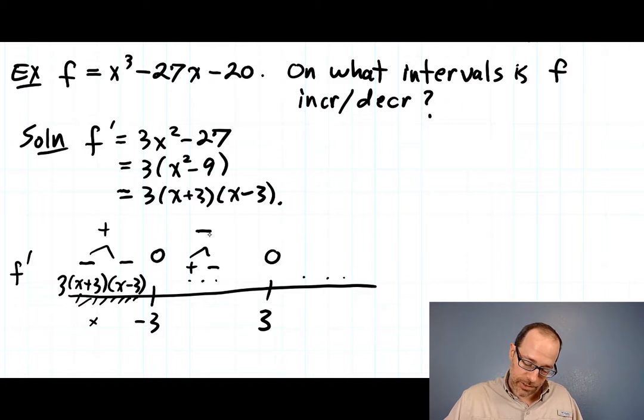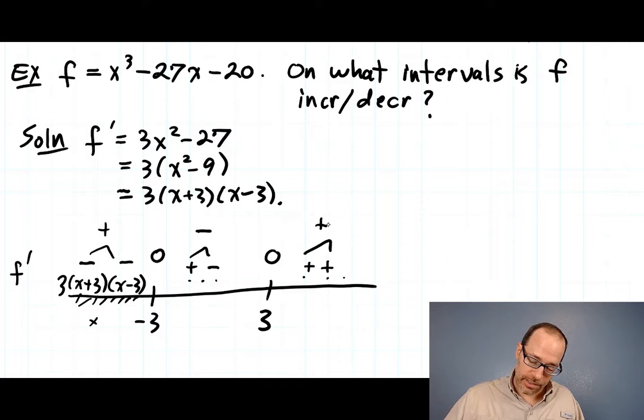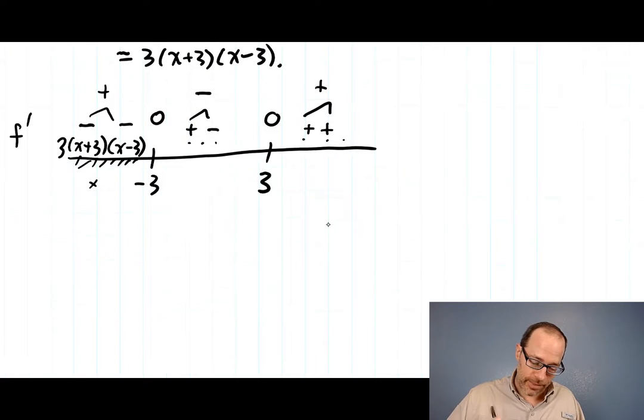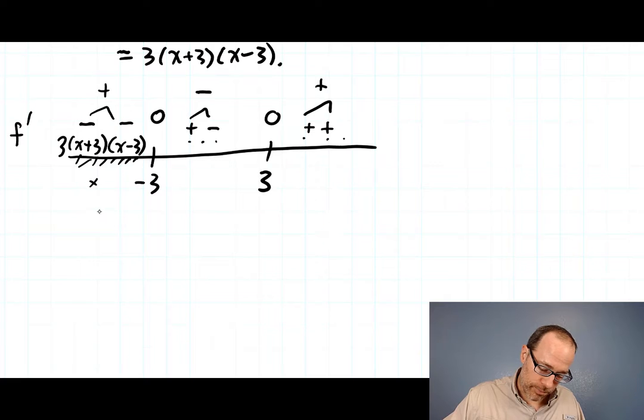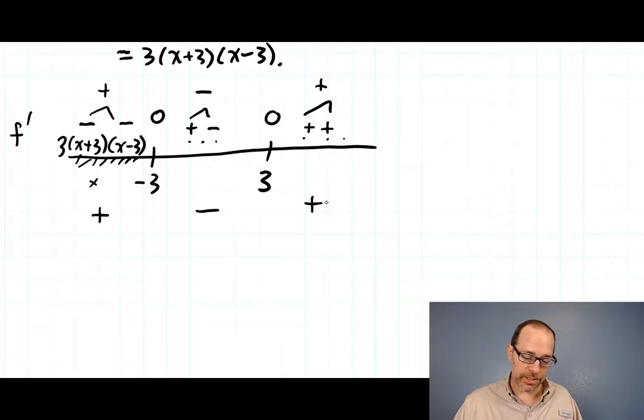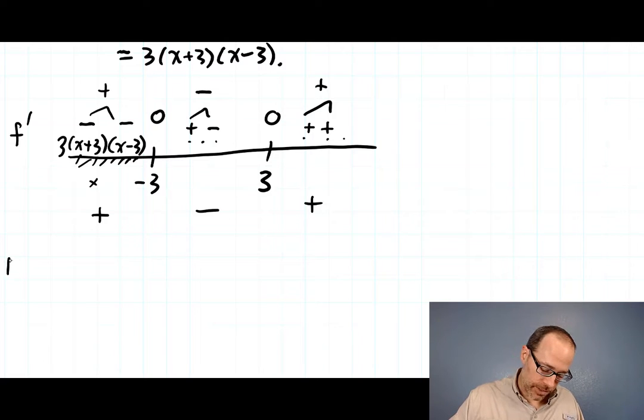And on this last interval, the x plus 3 is still positive for x bigger than 3. And when x is bigger than 3, then x minus 3 is positive. So the product of the whole thing is positive. So what we get is that f prime will be positive on this interval, negative on this interval, and positive on this interval. Now the next step is to do a rough sketch of f.